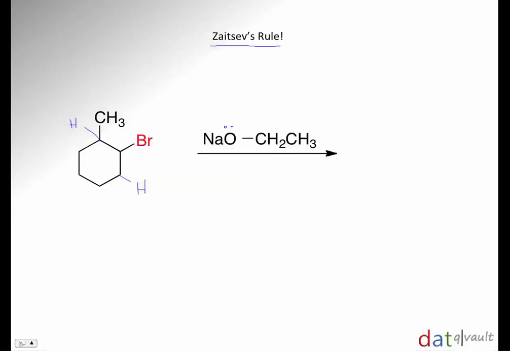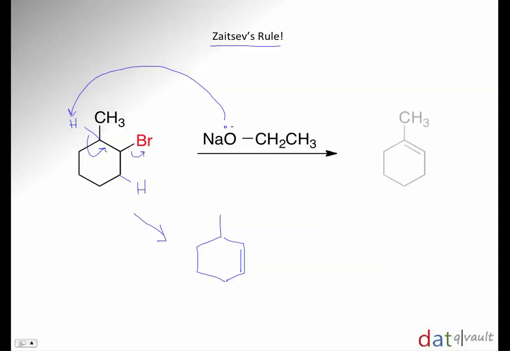So if we eliminated this hydrogen down here, we would get this alkene, but this one's not going to be eliminated because we're going to eliminate this hydrogen instead, because we're going to get a more highly substituted tri-substituted alkene versus a disubstituted alkene. So this is going to be our major product.